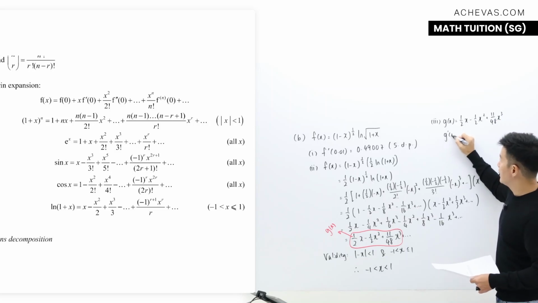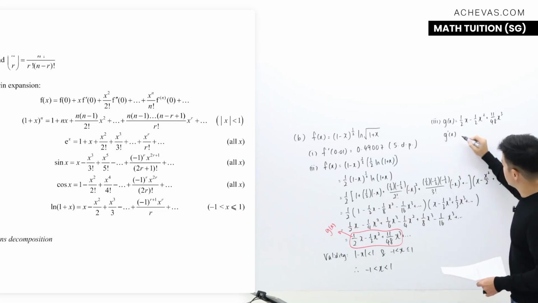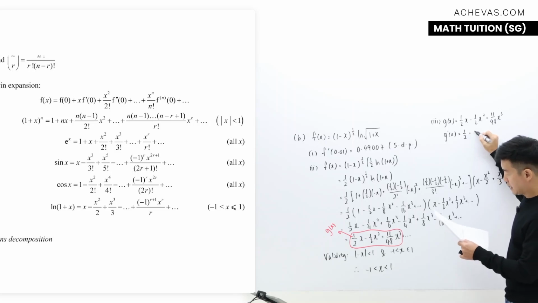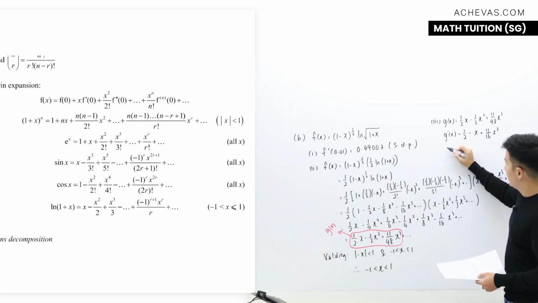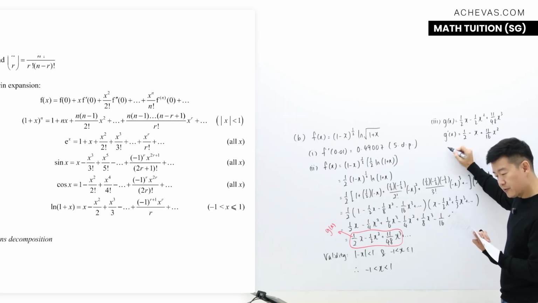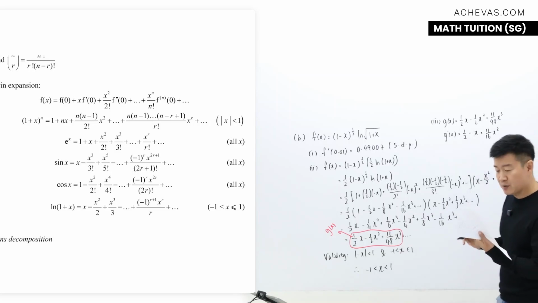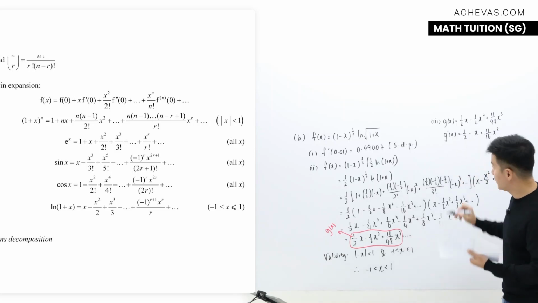So let me first find g prime of x. It is just a simple differentiation of a polynomial. This will be this minus x. Then here it will be plus 11 over 16 x to the power of 2. And our objective is to find g prime of 0.01. We are trying to find g prime of x when x is equal to 0.01.